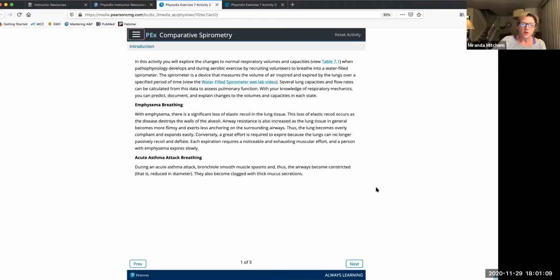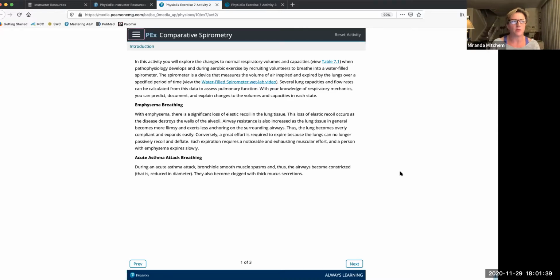Okay, so emphysema is associated with the loss of elastance. So the lungs do not go back to their original shape. And then that impacts the alveoli. So here's an example of where the lungs really have to work so much harder, use more muscle in order to breathe.